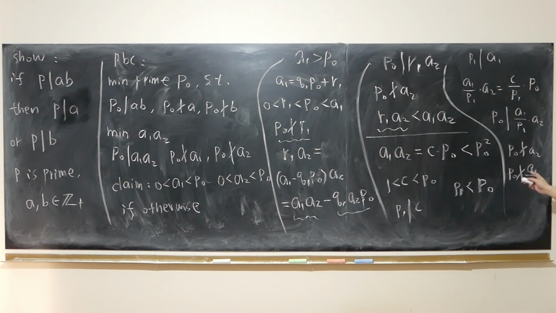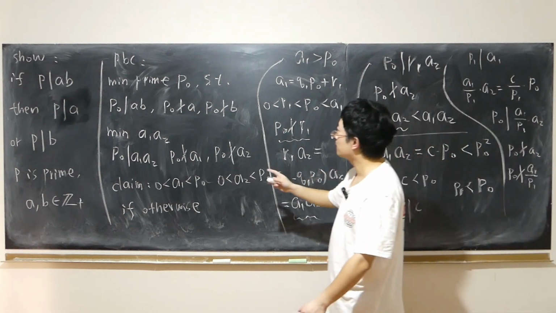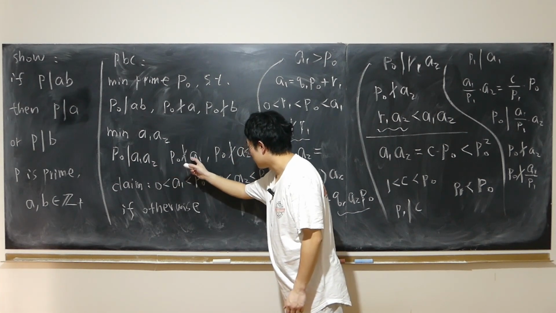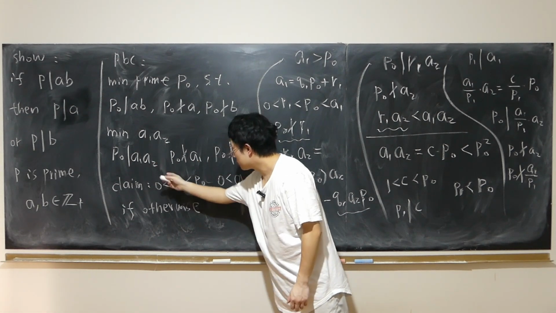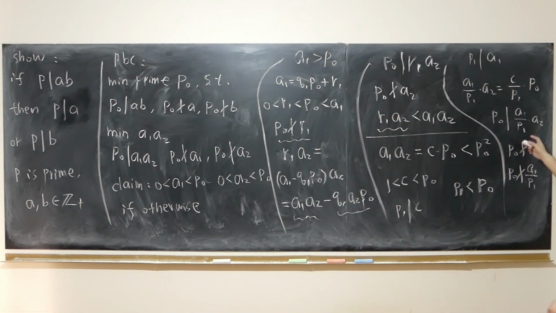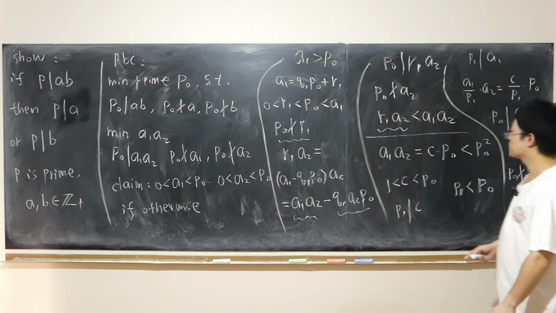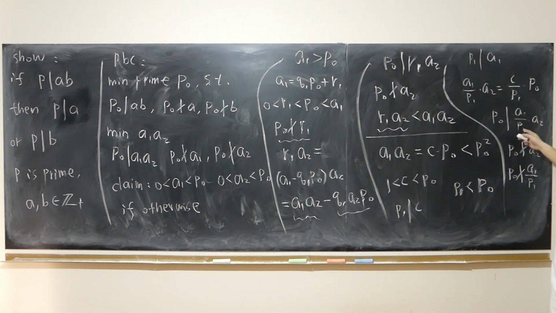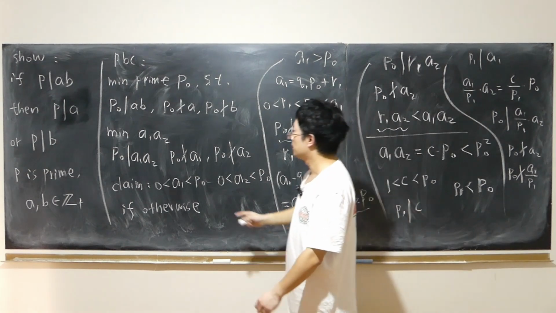So that means I found another two positive integers that satisfy the same condition. They divide their product but do not divide either of them. In this case, this positive integer and that positive integer, but this positive integer is already smaller than A1, which means their product has to be smaller than A1 times A2, which is a contradiction.